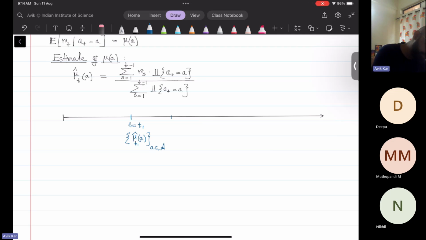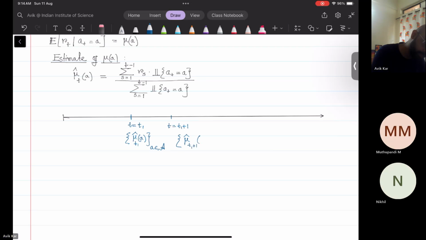And at time t equals t1 plus 1, you have the estimates mu hat t1 plus 1 A. But you have only updated one arm, and that is AT.